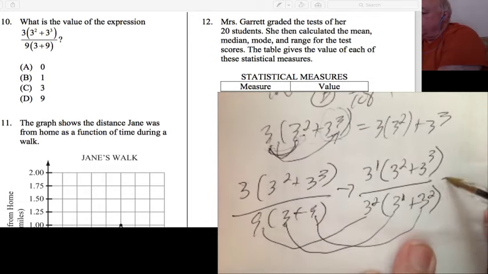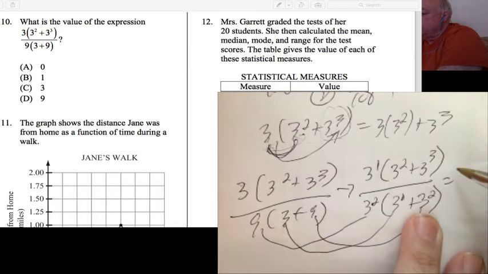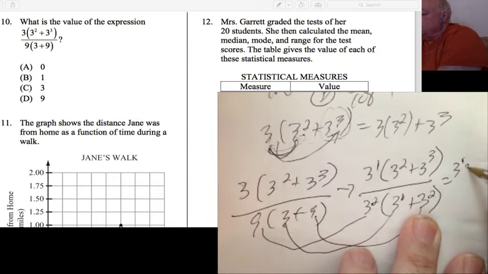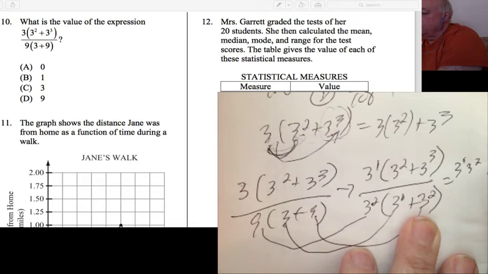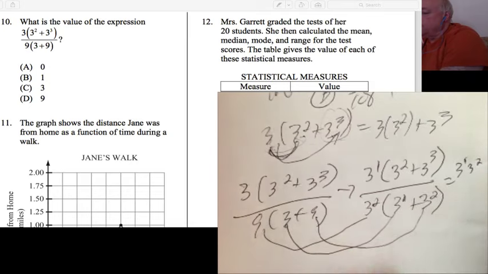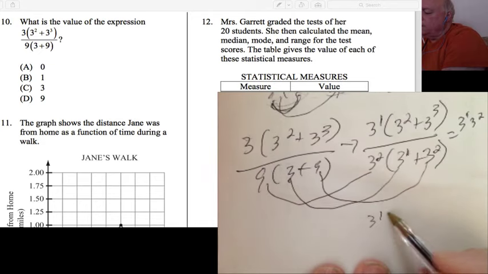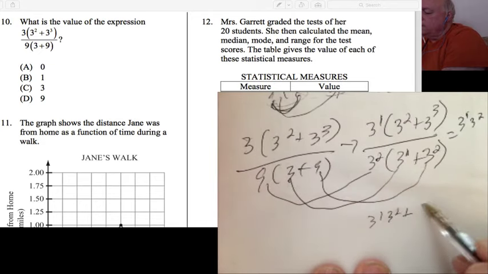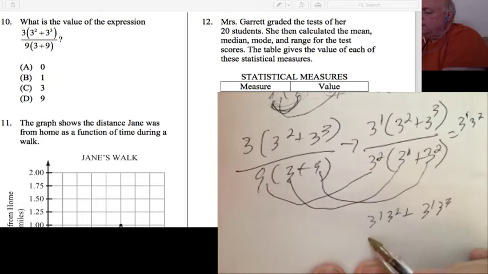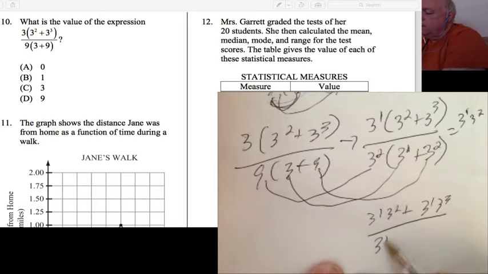And we end up getting, I mean, you could just see this, but it's 3 to the 1 times 3 to the 2. I ran out of space here, so we get 3 to the 1 times 3 to the 2 plus 3 to the 1, 3 to the 3. And the denominator is 3 to the 2, 3 to the 1 plus 3 to the 2, 3 to the 2.